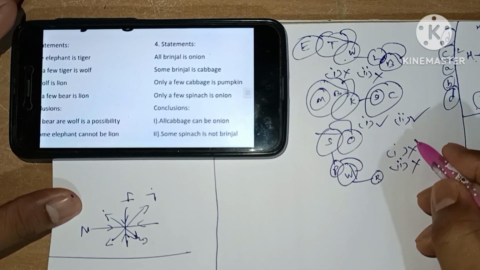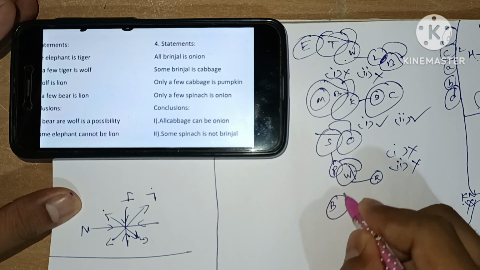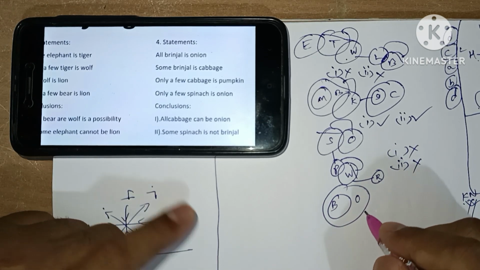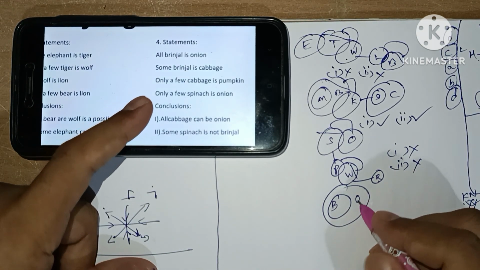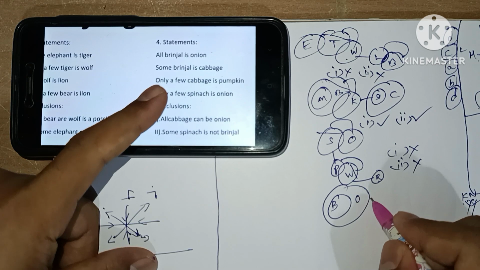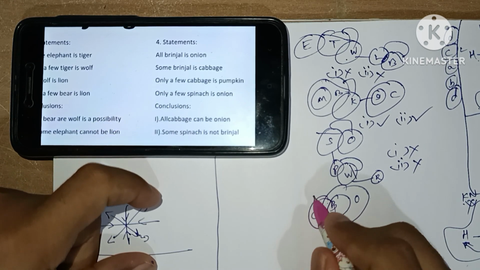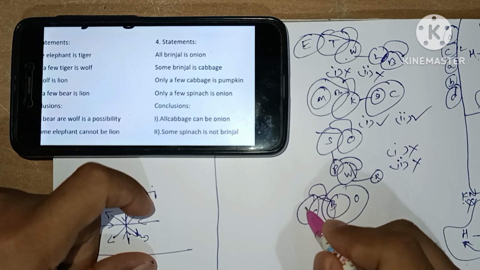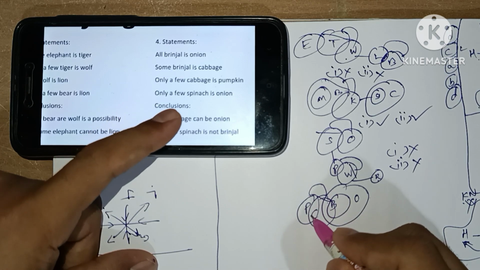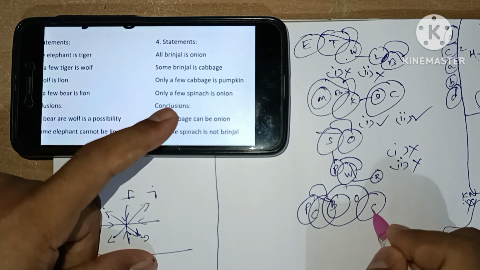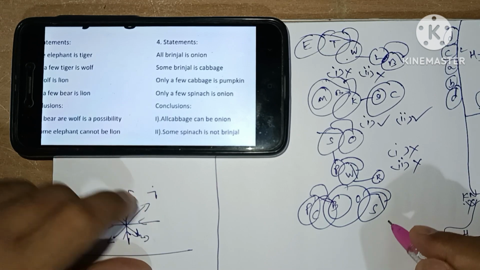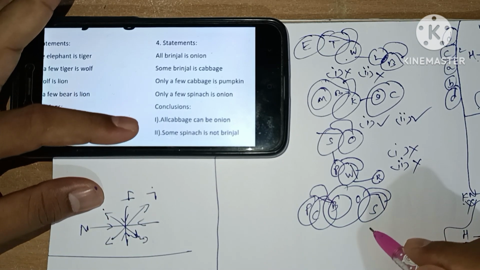Next. Fourth question. All brinjal is onion. Only a few cabbage is pumpkin. Some brinjal is cabbage. Only a few spinach is onion. Next one. Conclusions. All cabbage can be onions.